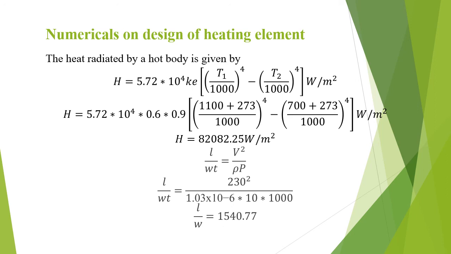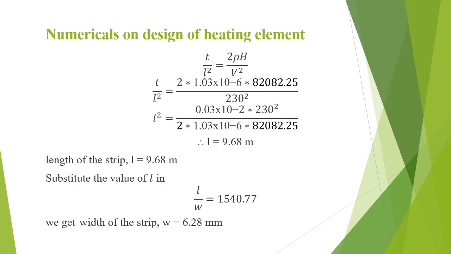We have the equation of L by W t equal to V square by rho P. Substituting for the values of V, P, rho and t, we get L by W equal to 1540.77.